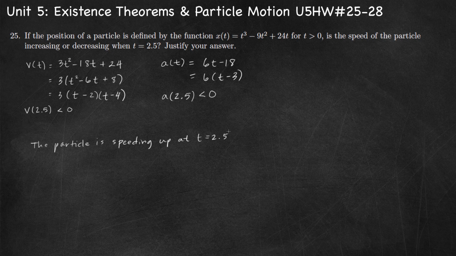Do we have units there? We do not. So the particle is speeding up at t equals 2.5 since a of 2.5 and v of 2.5 are both negative.